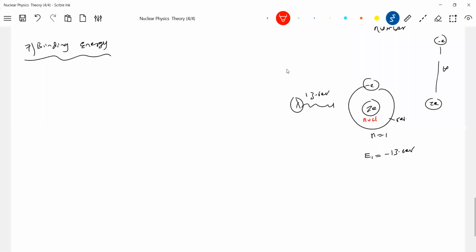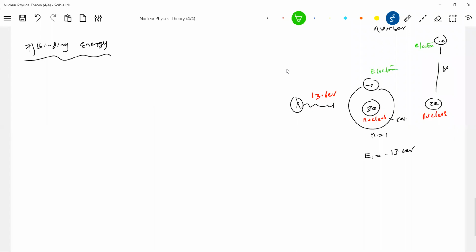This is the core central part of our discussion. If you supply energy equal to binding energy, then that electron will become free from the influence of the nucleus. It will get separated to infinity.